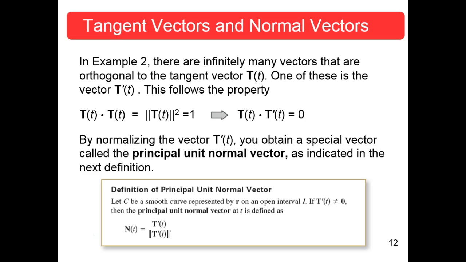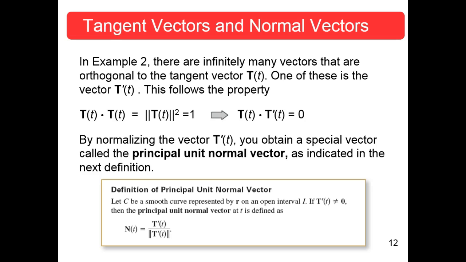Now, most texts I've taught from just call it the unit normal vector. They don't usually say principal, but principal means it goes to the inside of the curve. The other one goes on the outside of the curve. So this is the principal one. It's indicated in this definition, and here we have it.